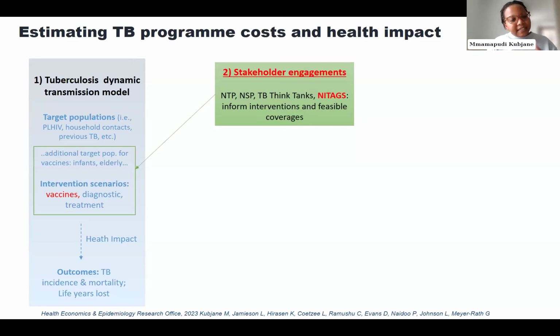And over time, we can also model the impacts of those various interventions and the target populations, the impact being incidence or mortality.